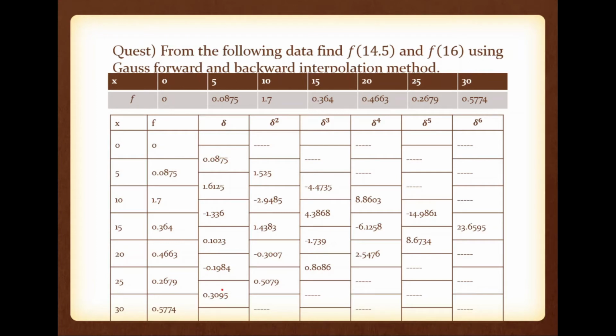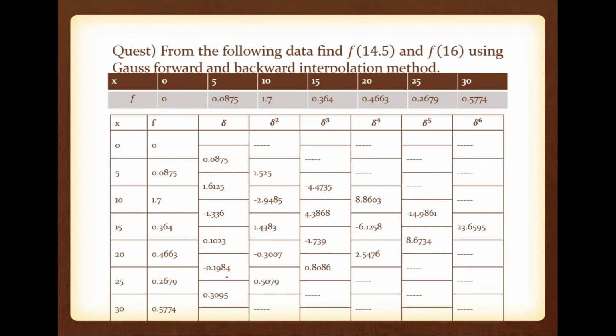So by using this first central difference, we have to find the second central difference. So 1.6125 minus 0.0875 is 1.525. Minus 1.336 minus 1.6125 is minus 2.9485. 0.1023 minus minus 1.336 is plus 1.4384.